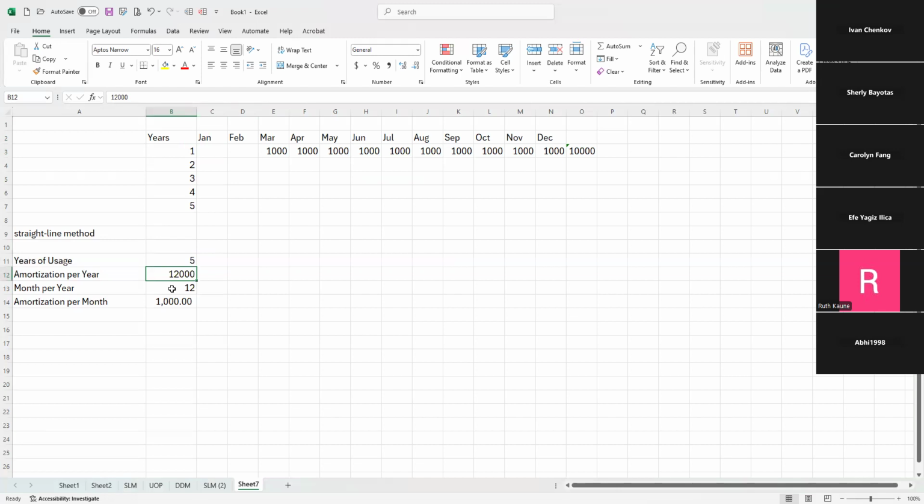Make sense? But annual amortization means every 12 months. So when will the period for 12 months be? From March 1st until February 28 or 29, whatever it is. That will be our 12 months, and that's going to give us $12,000.